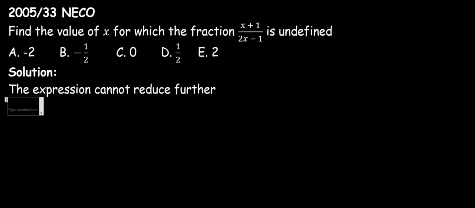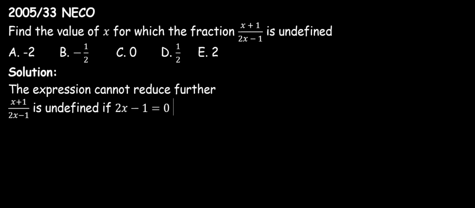So we now know that x plus 1 divided by 2x minus 1 is undefined if the denominator, which is 2x minus 1, is equal to 0. From here, we start solving the simple equation, which is to say 2x will be equal to 1. And from here, x is equal to 1 over 2, which is to say once the value of x is 1 over 2, the given expression becomes undefined.